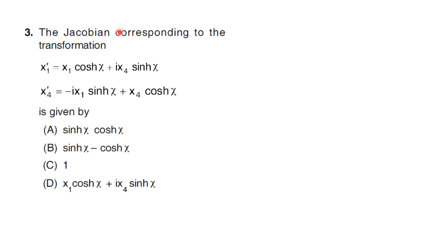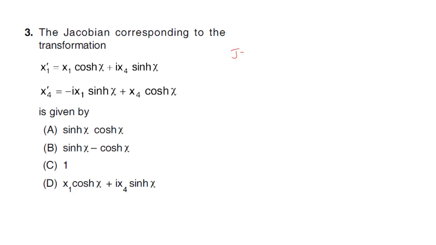The Jacobian corresponding to the transformation x1 prime is equal to x1 cosh chi plus i x4 sinh chi, x4 prime is equal to minus i x1 sinh chi plus x4 cosh chi, is given by? Here we have to find the Jacobian corresponding to this transformation.